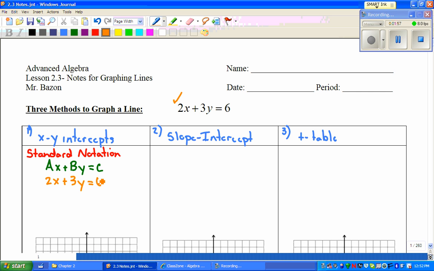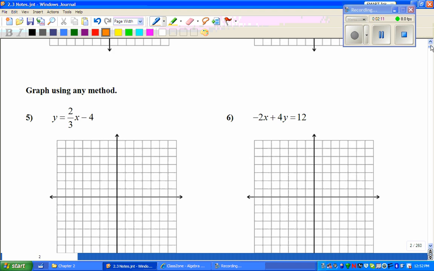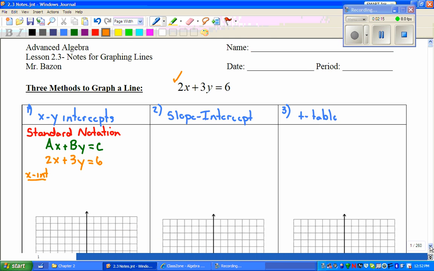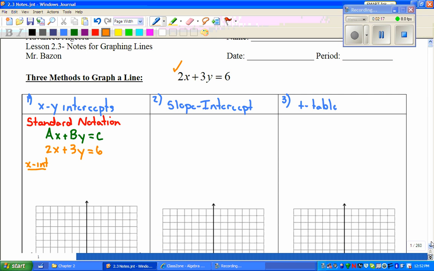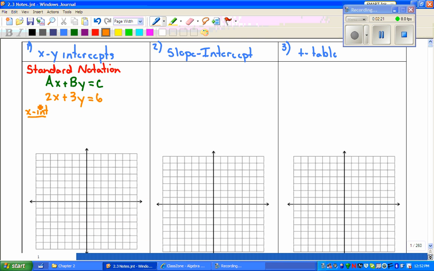And I think the easiest way to do this one is x and y intercepts. Okay? X-intercept. Here's what I want you to realize about the x-intercept. All right, the x-intercept is where your graph is going to cross your x-axis.